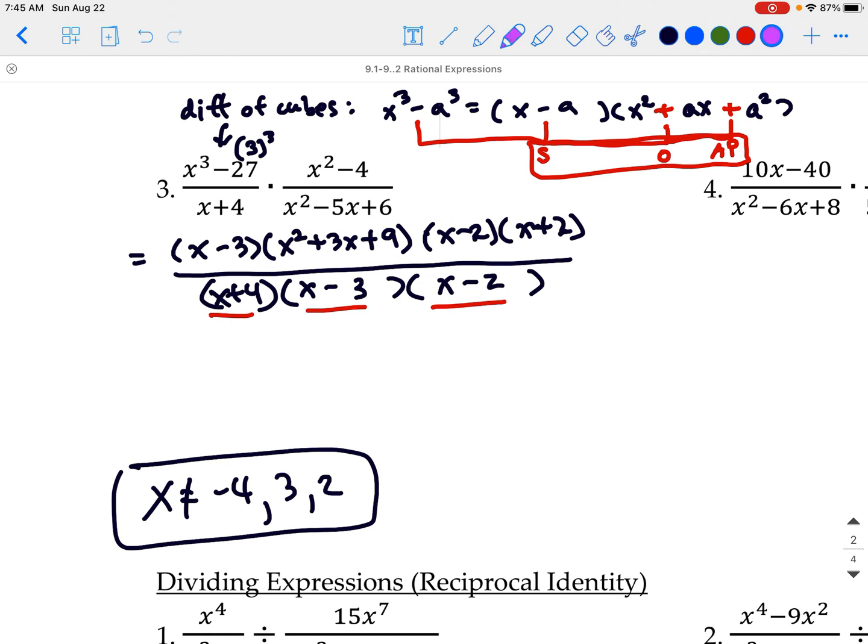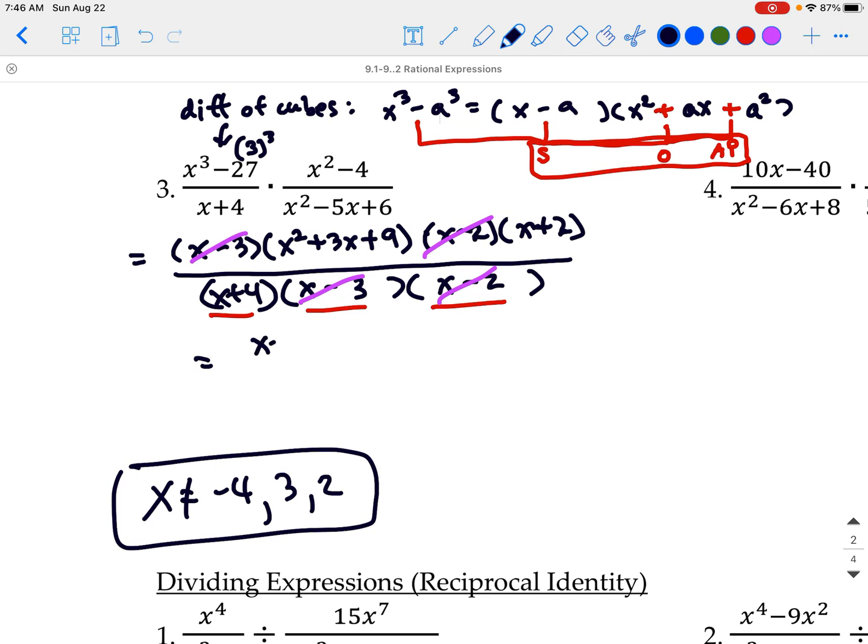And then we can go ahead and cancel out anything that is a common factor in the numerator and denominator. Looks like that's it. This term that is inside of the difference of cubes will never be a factorable quadratic. So the solutions to that expression, if we think of it as a function, are going to be irrational numbers or complex numbers.